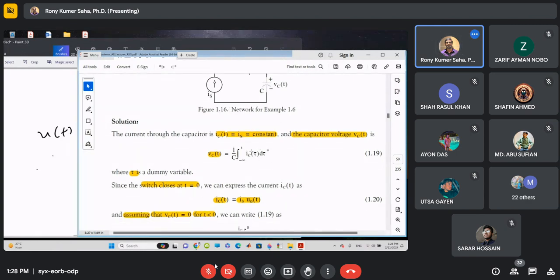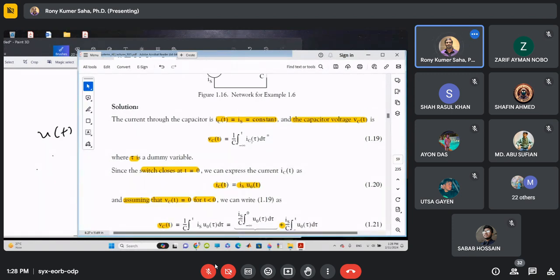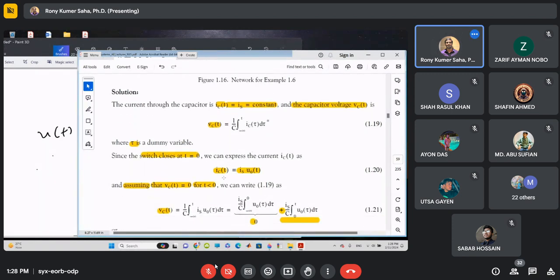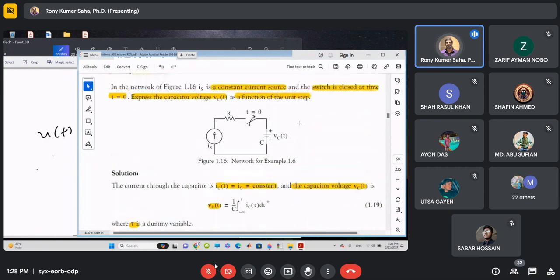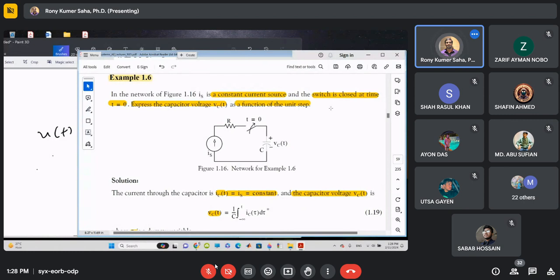So in fact, we need to find these values, IS, IC. But as you can see, for t less than zero, we didn't define anything. This means we assume that its initial condition is zero. This means before we close this switch, we assume that the voltage across this capacitor is zero.